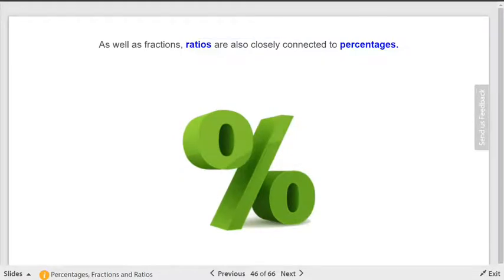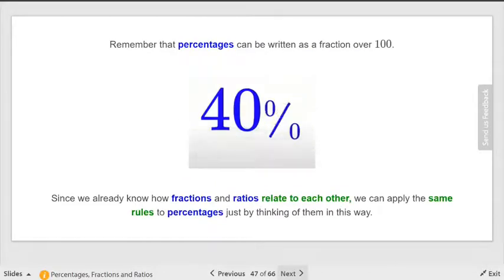Okay? But, all right. So, as well as fractions, they're also related to percentages, because remember we can turn a fraction into a what? Percent. Remember, that's what we spent. It's one reason why we're doing this in a hurry, because we spent 3 days doing that. All right. Now, so if you have 40%, remember, percent means simply divide by what? 100.